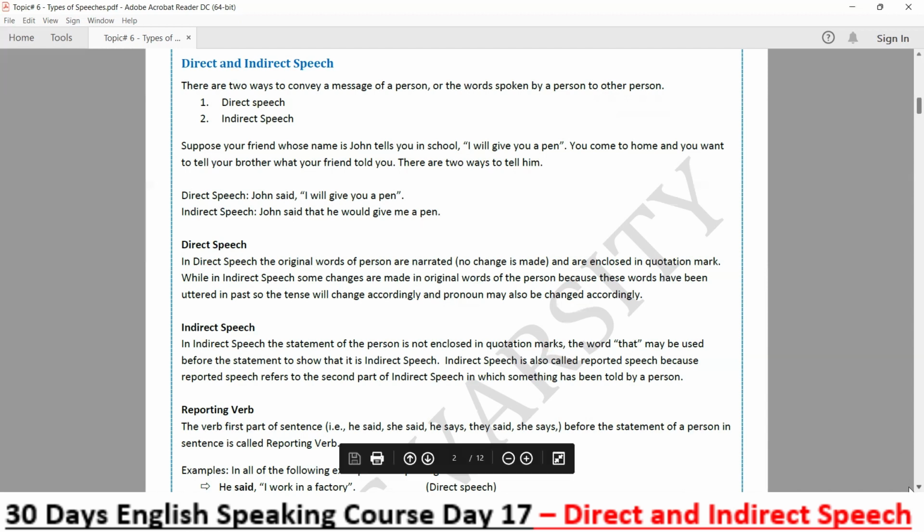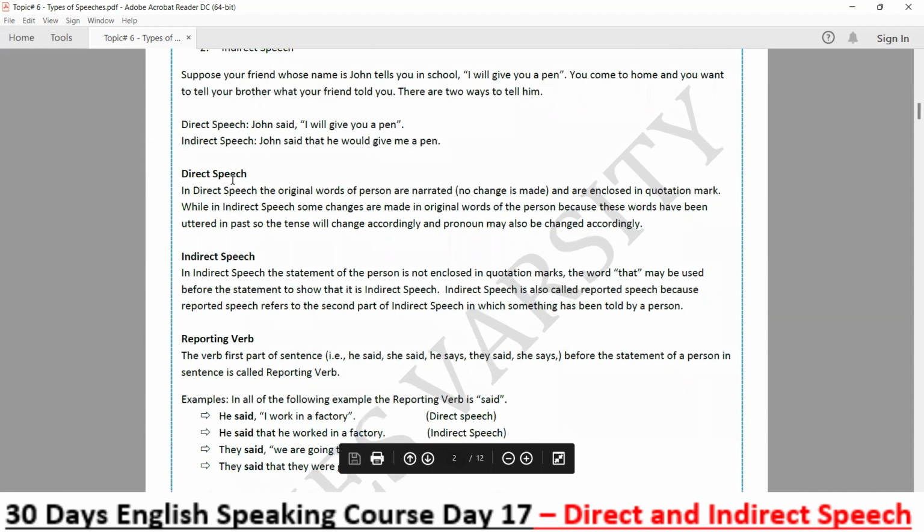Okay, let's deep dive. Direct speech: in direct speech, the original words of a person are narrated. No change is made and they are enclosed in quotation marks. While in indirect speech, some changes are made in the original words of the person because these words have been uttered in the past.